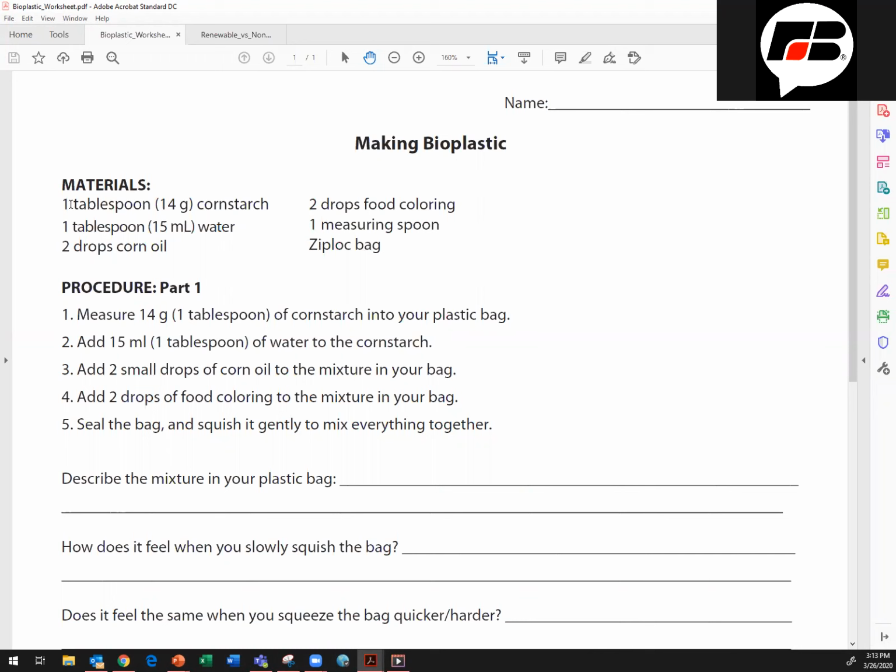We need cornstarch, water, corn oil, food coloring, a tablespoon, and a Ziploc bag. Go ahead and press pause here in a second to collect your materials. And once you have collected your materials, come back and we'll complete the activity together.